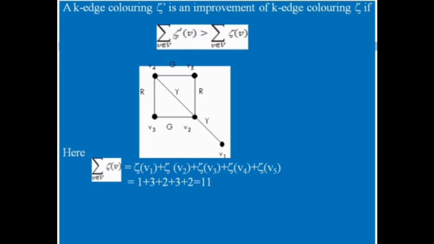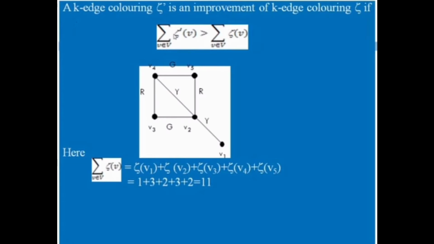In this graph, green, red, yellow. Here in V2, 3 colors are represented. In V3, 2 colors are represented. In V4, 3 colors are represented. In V5, 2 colors are represented.